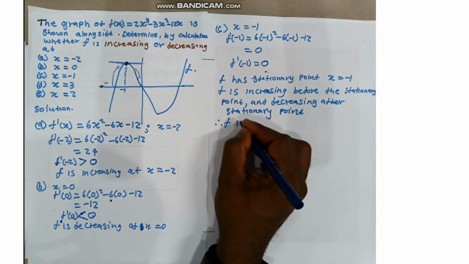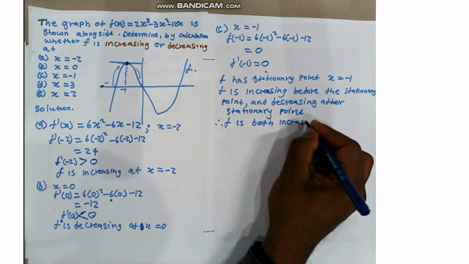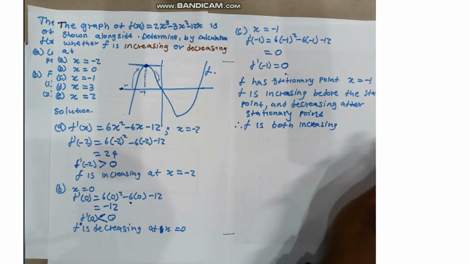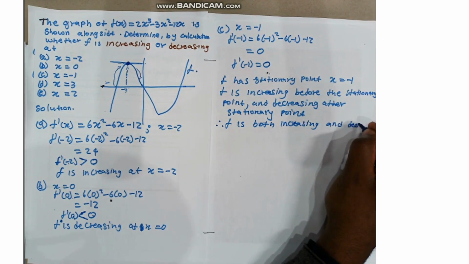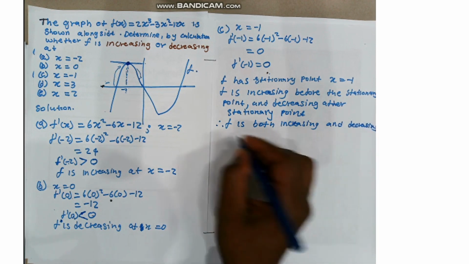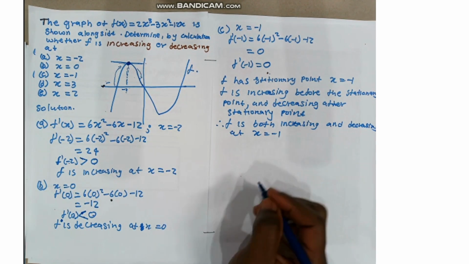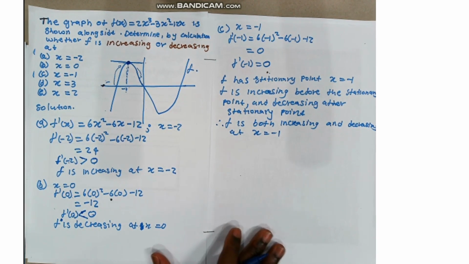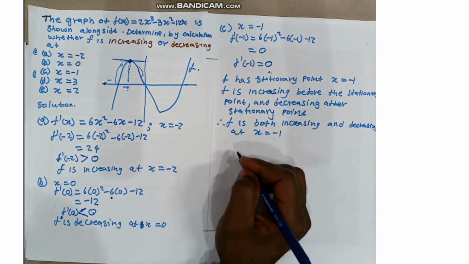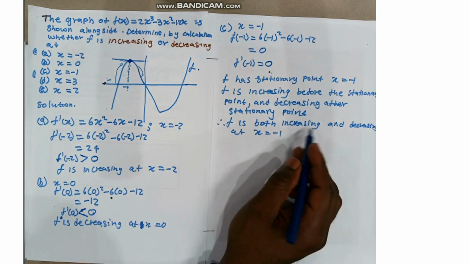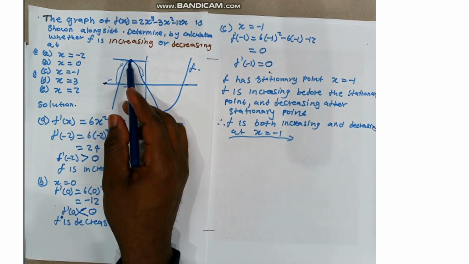It means that f is both increasing and decreasing at x is equal to negative 1, because before it's increasing, then after it's decreasing.